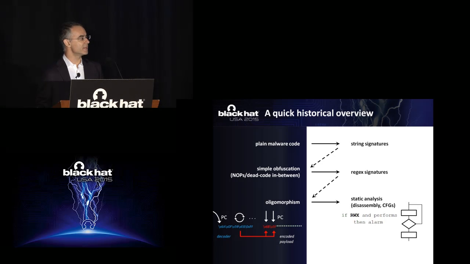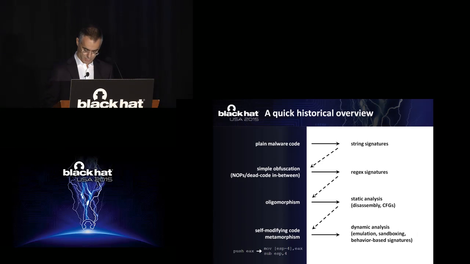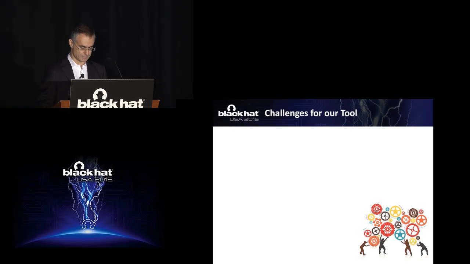The malware encrypts itself, and the antivirus uses static analysis and checks for a writable code section in the portable executable to find possible malware. Finally, we have self-modifying code, named metamorphism, where the malware replaces instructions with other sets of instructions, and the antivirus uses dynamic analysis and behavior-based signatures.